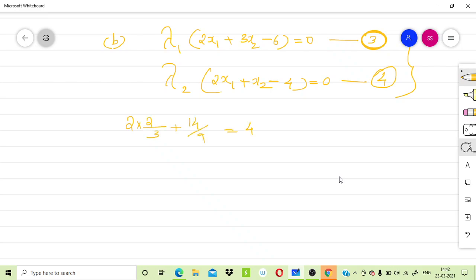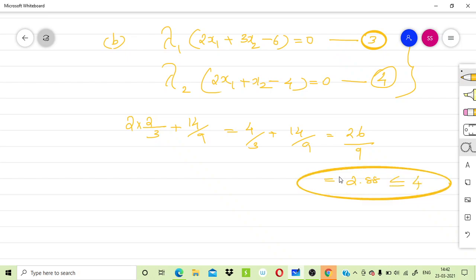That's equal to 4 by 3 plus 14 by 9, that's equal to 12 plus 14 by 9. So 26 by 9 you will get. So that will be equal to 2.88, which is less than or equal to 4. So this condition is satisfied. So equation 6 is also satisfied.